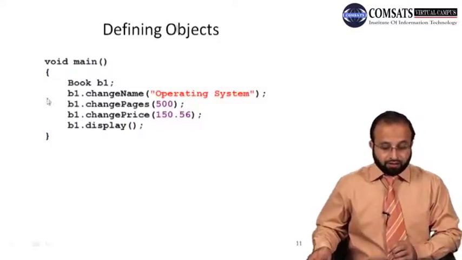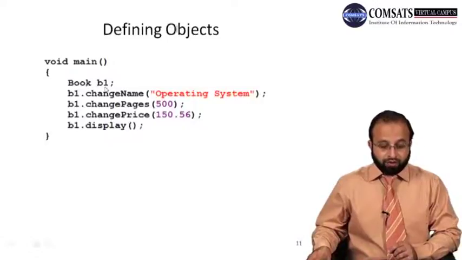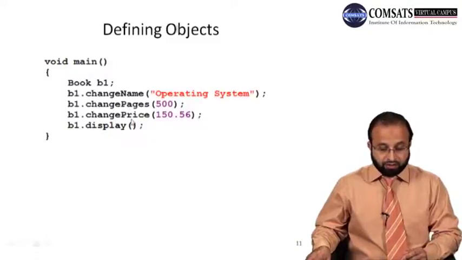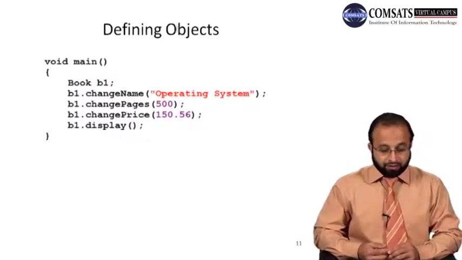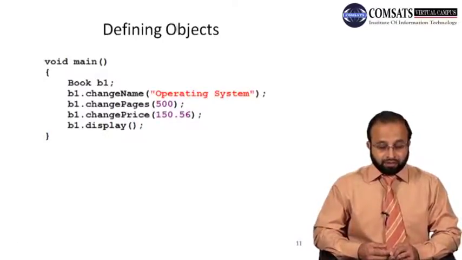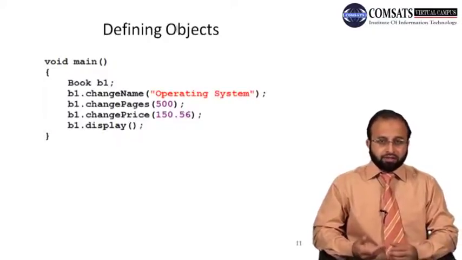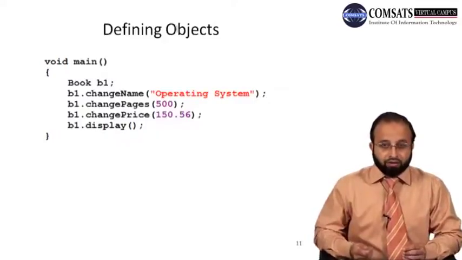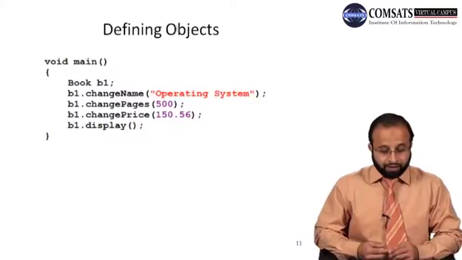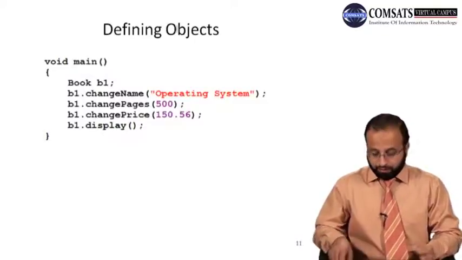We have an object book B1, and then set name or change name, set price, and set pages or change pages, whatever. Previously I have written set name, set pages, and set price, but change name, change pages, change price are the same thing, they are basically the setter functions. They set the value of a particular private data member of that object of the class, and b.display will display all those values.